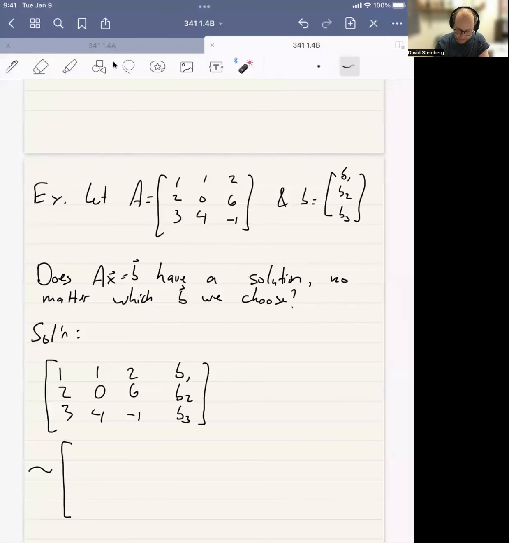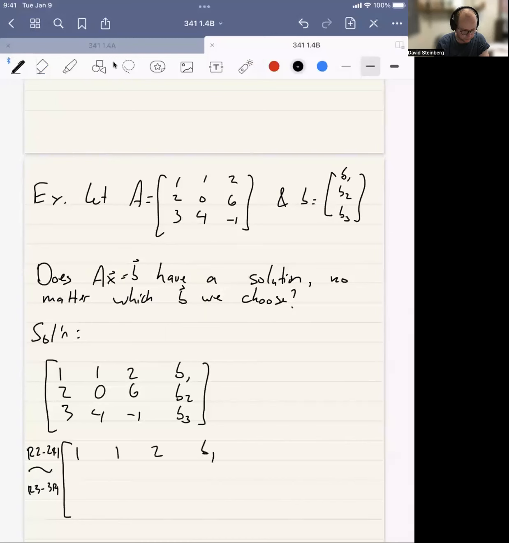We can do the thing we always do, which is take the 1 in the top left corner as our pivot and try to kill off the 2 and the 3 below it. So we'll do row 2 minus 2 row 1, and row 3 minus 3 row 1. Our row 1 isn't going to change at all.